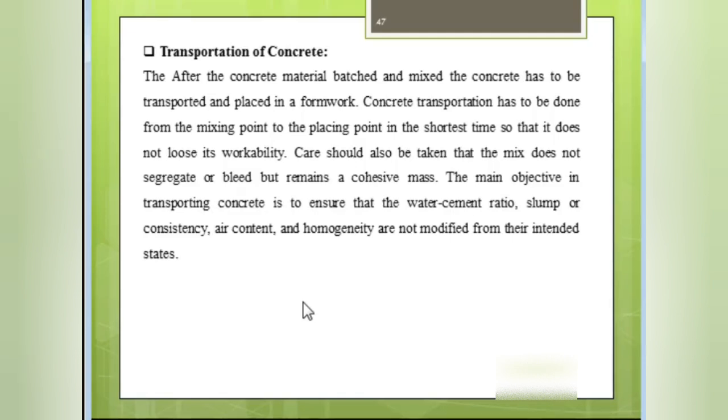That time is measured, and according to that, we have to determine whether the concrete will be workable or not. So the setting time of the concrete should be kept in mind at the time of transportation. Clear?